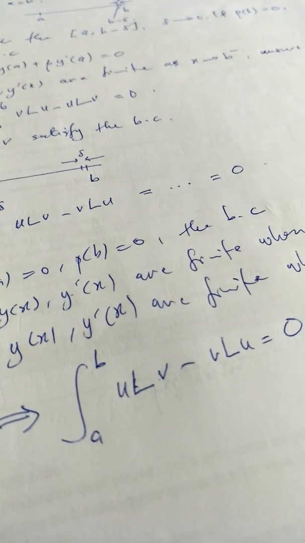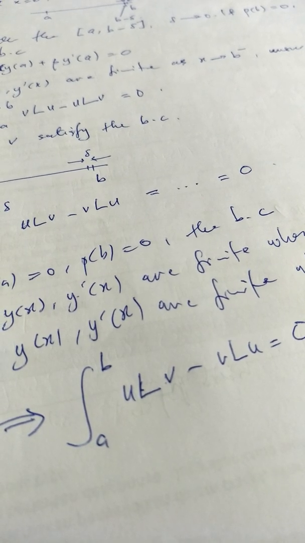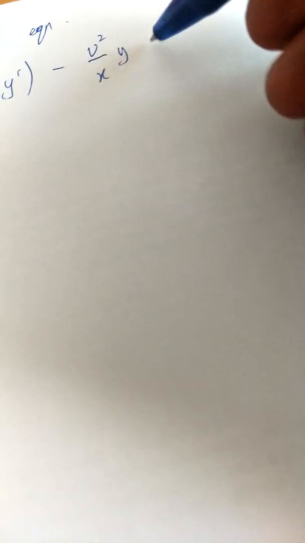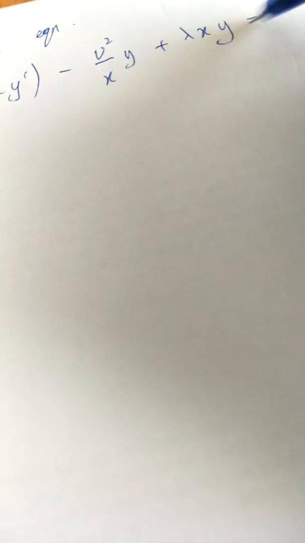Okay, for example, in this example I won't give a full solution. Instead, I want you to try by yourself. You can refer to any differential equation book. For example, you may consider the Bessel equation: d/dx of x y prime minus v squared over x y plus lambda x y equals 0.